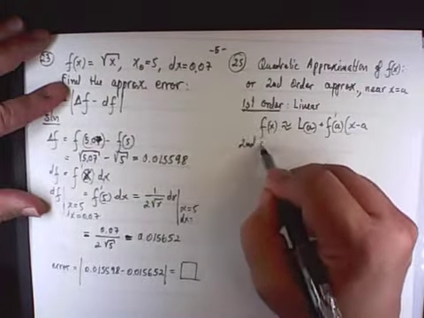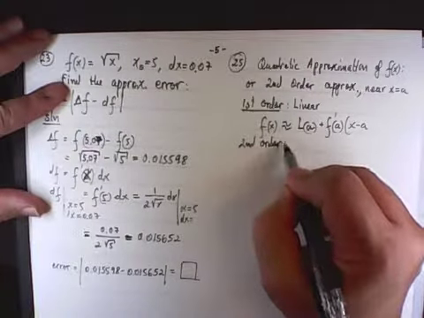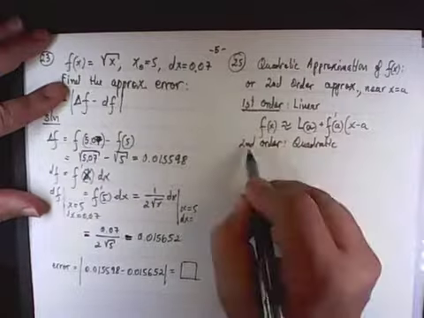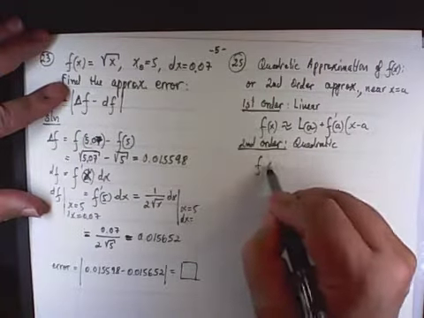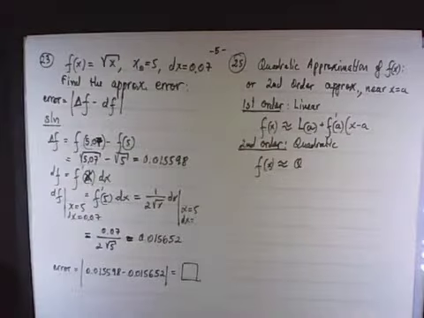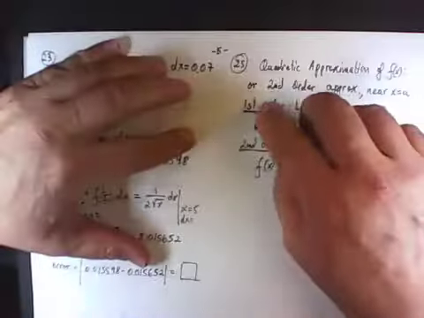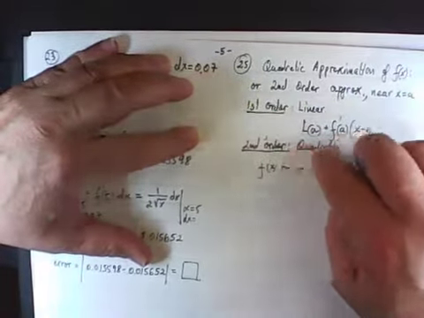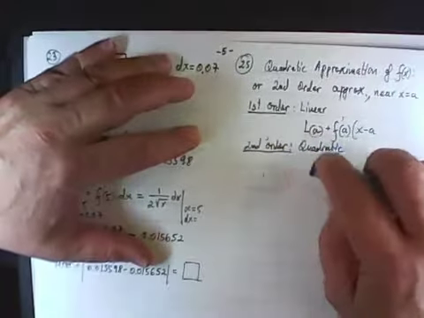Second order or quadratic, we're going to say that f of x is approximated by Q. You know, I rush stuff here, so let me change it a little bit. I missed something here, and I'm about to miss it here as well. Okay?